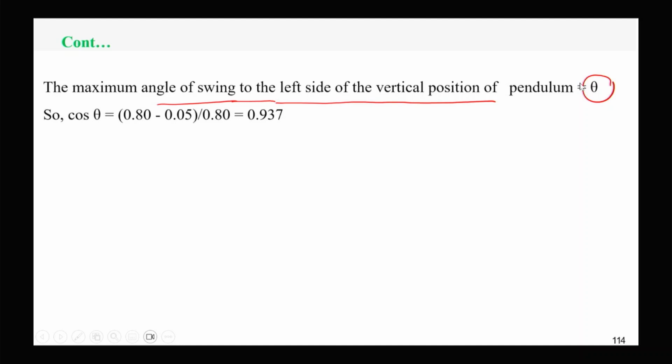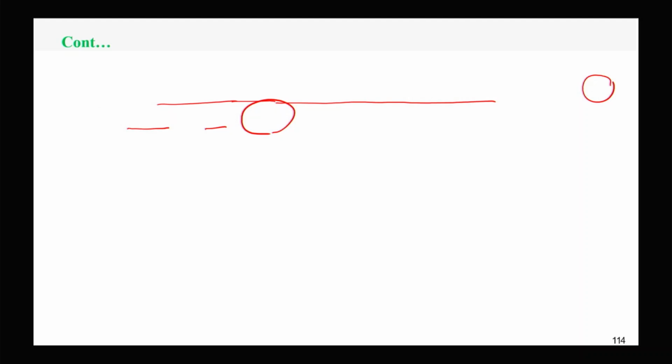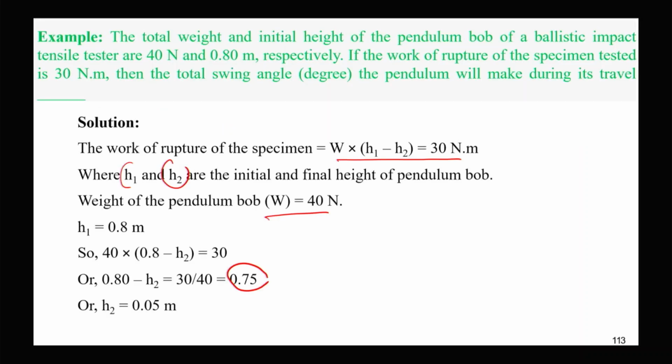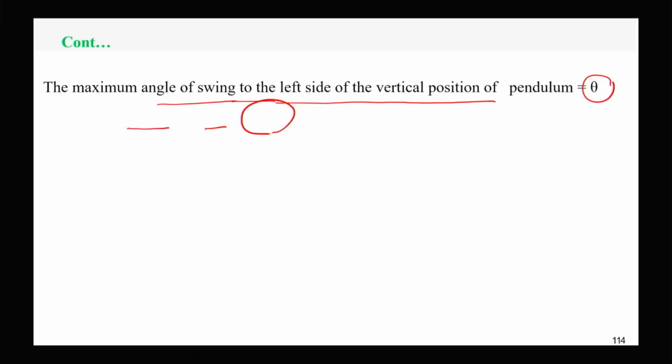So cos theta is 0.75 by 0.8, 0.937. So theta will be 20.75 degree.